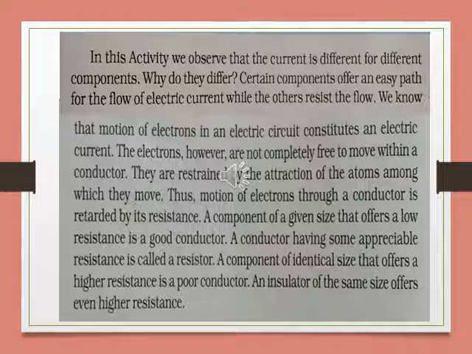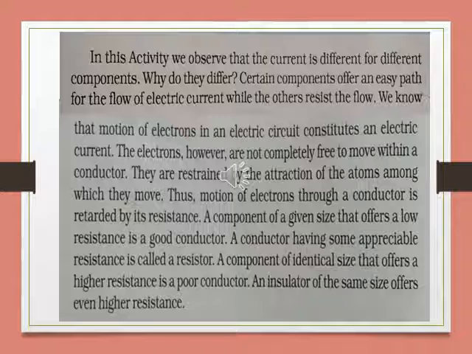Certain components offer an easy path for the flow of the electric current, while others resist the flow. We know that the motion of electrons in an electric circuit constitutes an electric current. If the flow is smooth, the current increases. But if there are any obstacles, we are aware that atoms are there. If electrons are restrained, attracted by the atoms, then the current shows a lower reading.